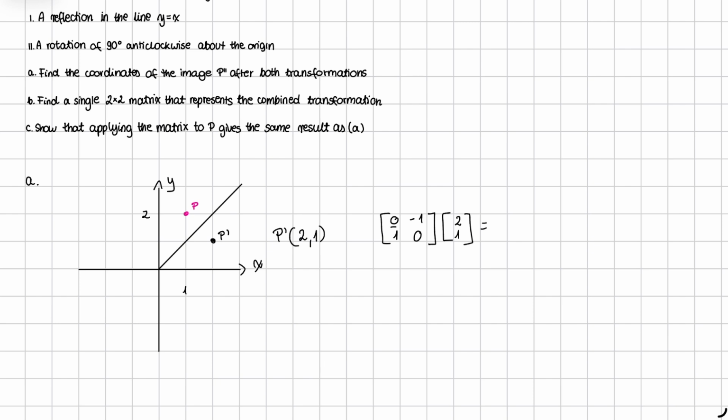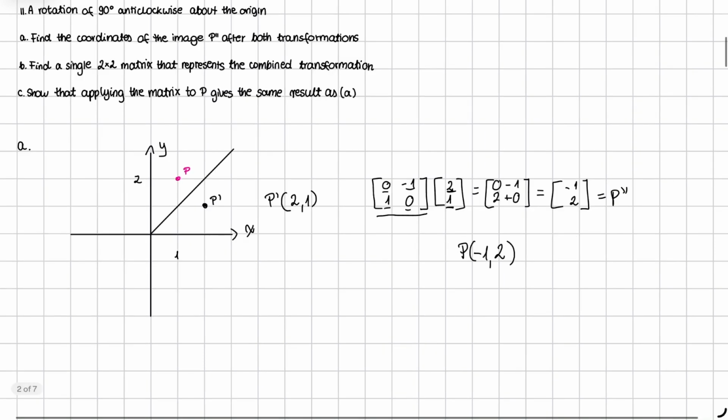Here we have 0 times 2, so 0, plus -1 times 1, so -1, and 1 times 2, so 2, plus 0 times 1, so 0. So the coordinates of our new point are (-1, 2).